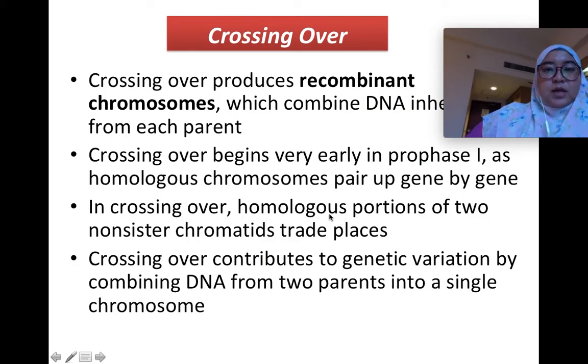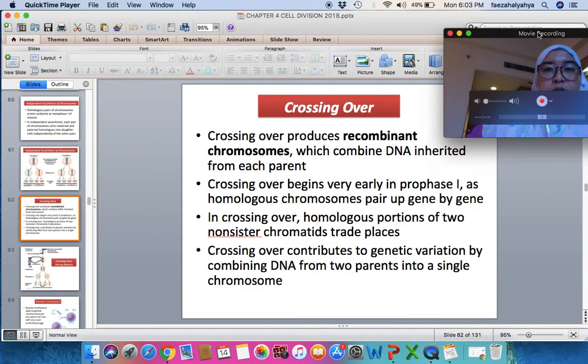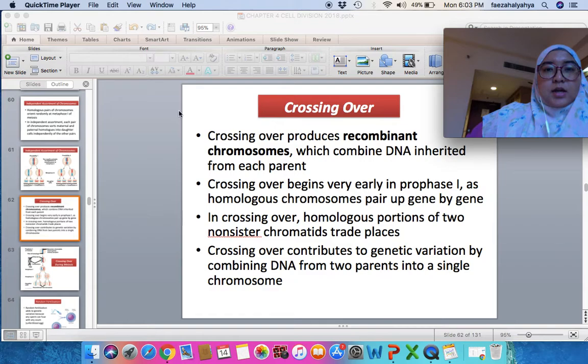Okay. Second event or second mechanism that contribute to the genetic variability is crossing over. So this crossing over produces recombinant chromosome which combine DNA inherited from each parent. So crossing over begins very early in prophase 1, okay, as homologous chromosome pair up gene by gene, and in crossing over, homologous portions of two non-sister chromatids take place.